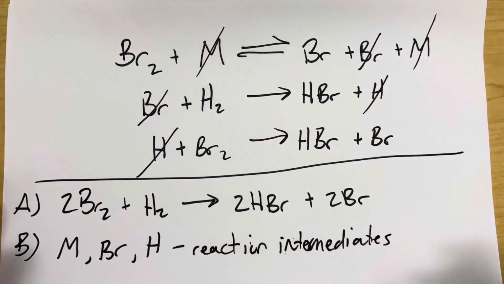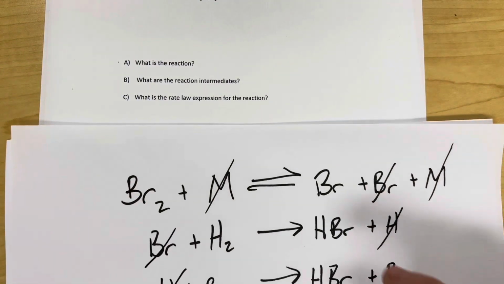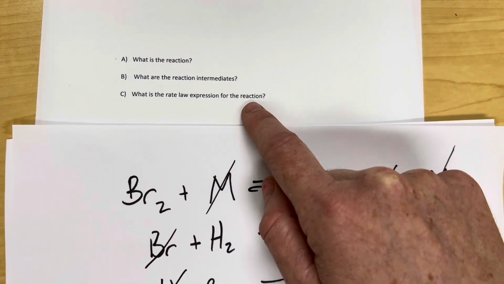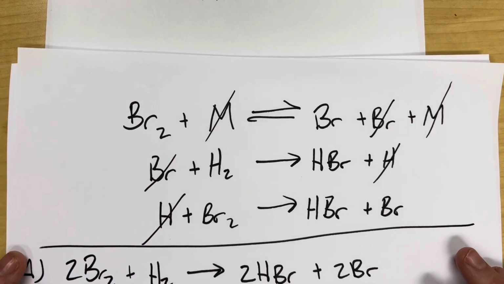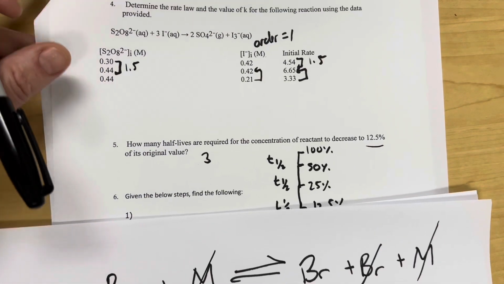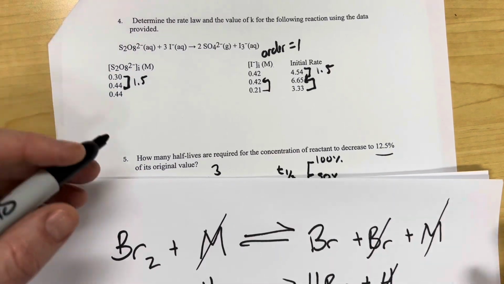Okay, last but not least, this is my favorite. What is the rate law expression for the reaction? I just realized I didn't even finish this question up here, by the way. If you're upset about that, sorry.